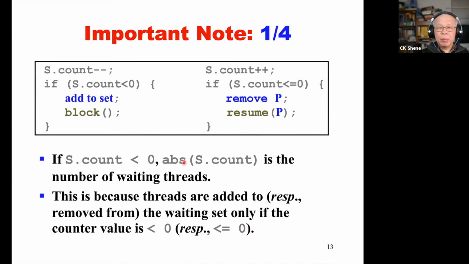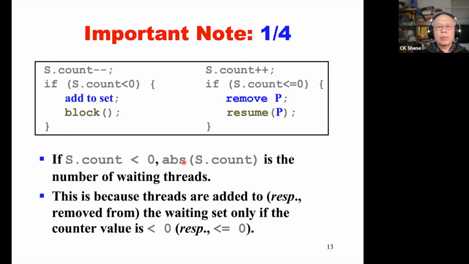Do you remember that? The reason is every time a thread is blocked, it is because the condition after subtracting 1 from the counter becomes negative. Every time you subtract 1, the counter goes down by 1. Therefore, its absolute value counts how many threads are in the waiting set.